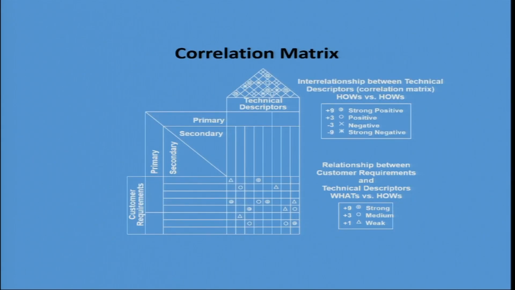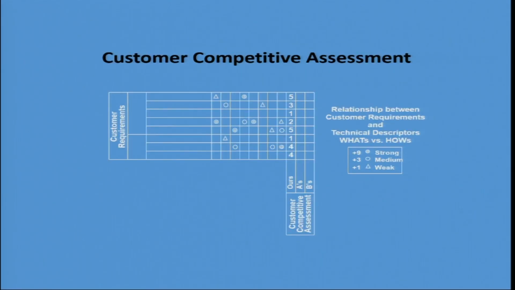And then we will compare the interrelationship between the technical descriptors by using the relationship diagram, whether the relationship is positive or negative, or strong positive or negative. And then we will compare our product vis-a-vis the competitors' product in this particular manner.